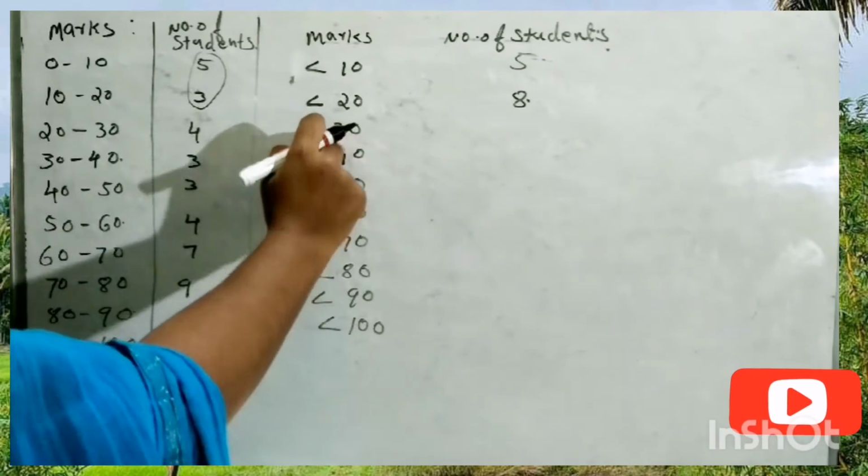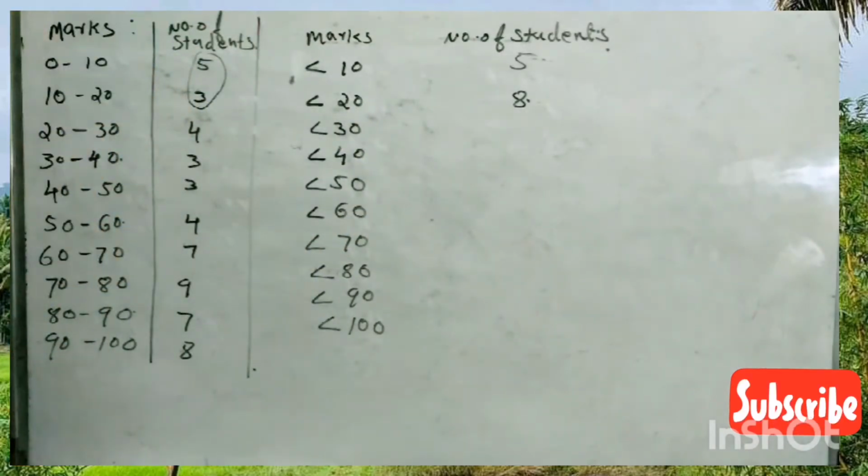Now less than 30 means we can consider all the marks which are less than 30. No problem if the marks lie in between 0 to 10 or 10 to 20 or 20 to 30.